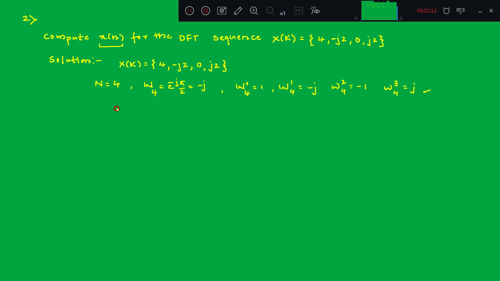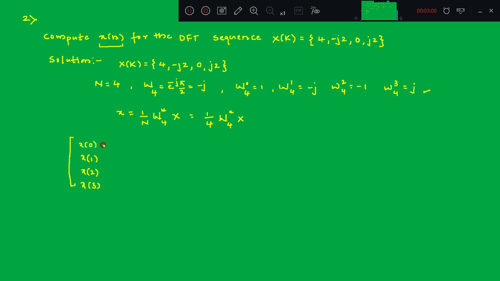For IDFT, the output is x of n, and in the matrix form I will write it as small x, which is equal to 1 divided by N times the conjugate of the DFT matrix, and the input for this one is capital X. That is equal to 1 divided by N, which is 4, times W4 conjugate, times capital X. So I will write down this X: here it is x of 0, x of 1, x of 2, then x of 3.